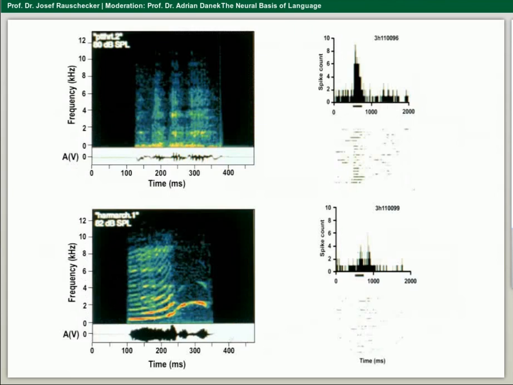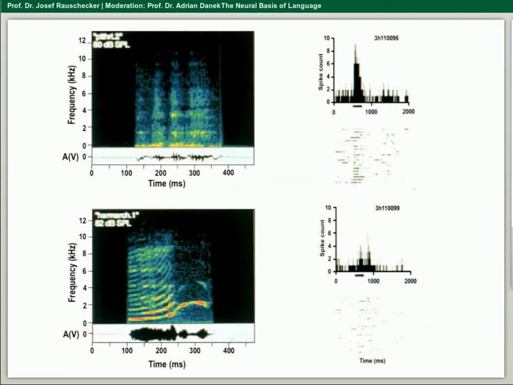So what you can see here is that different types of monkey calls, both very complex sounds of about the same duration, maybe 200 milliseconds, evoke different responses. This is a typical single neuron response in the monkey lateral belt cortex, secondary auditory cortex. The dots that you see here are action potentials that the neuron fires in response to the sound.